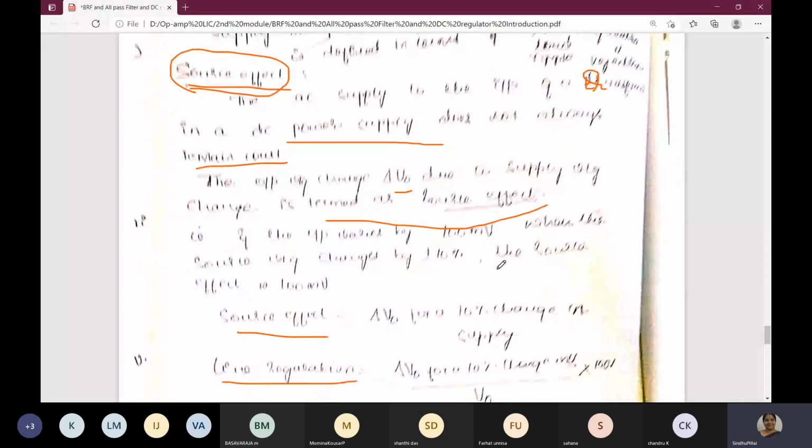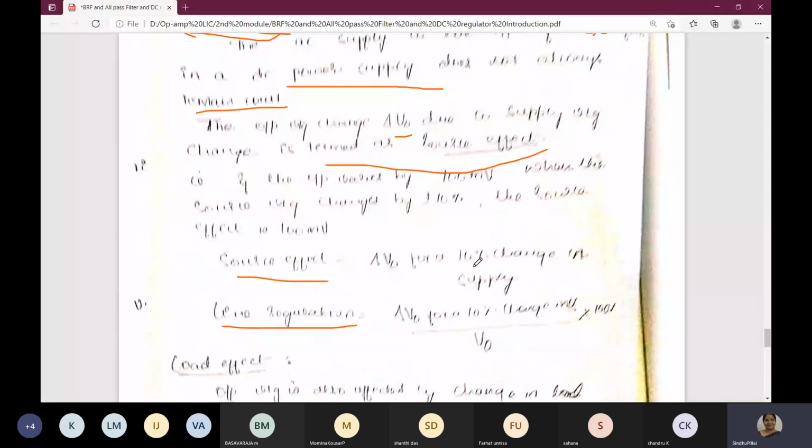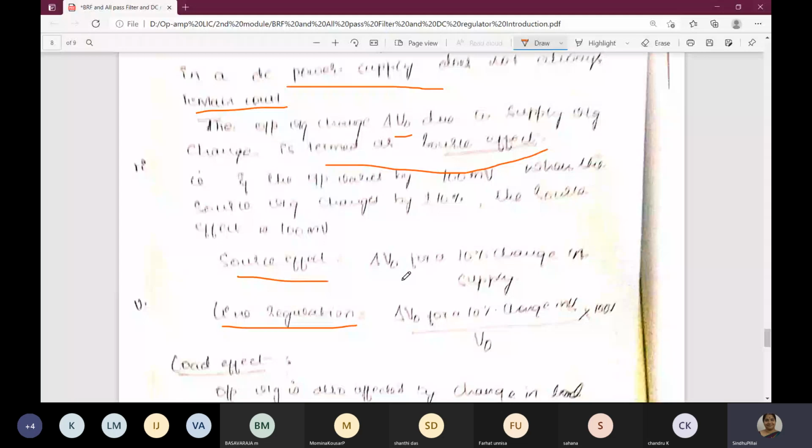It is similar to line regulation; first they tell the source effect, then the line regulation. Source effect is delta V naught for a 10% change in supply. When that is divided by V naught and multiplied by 100, we get the line regulation.